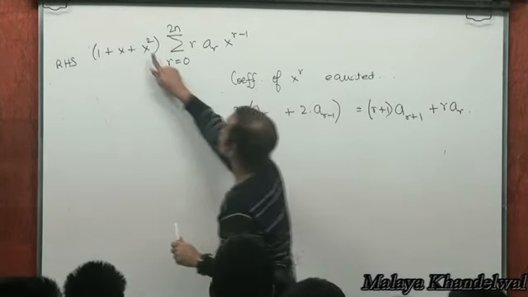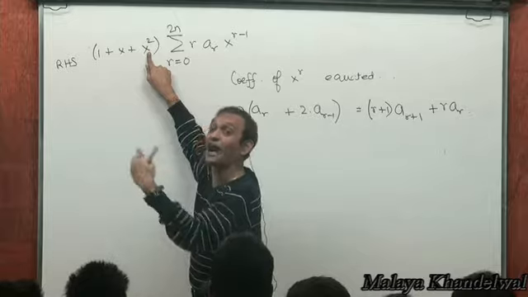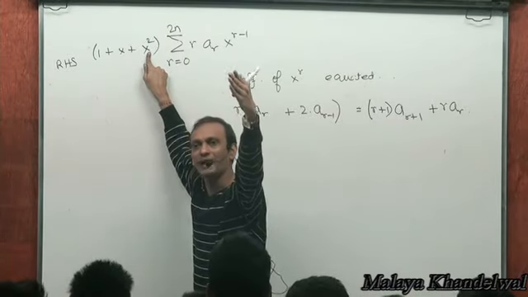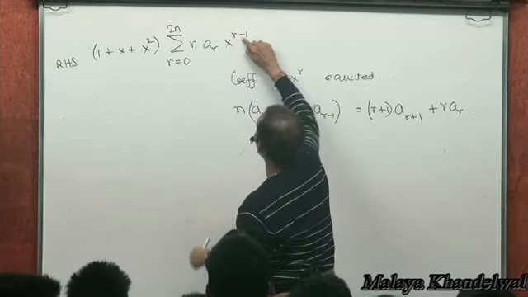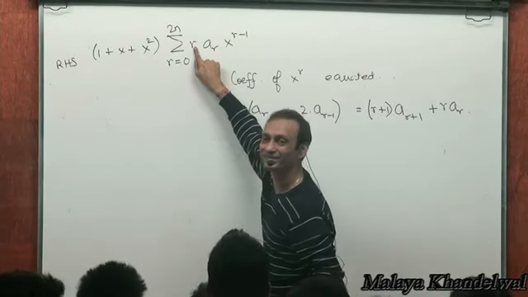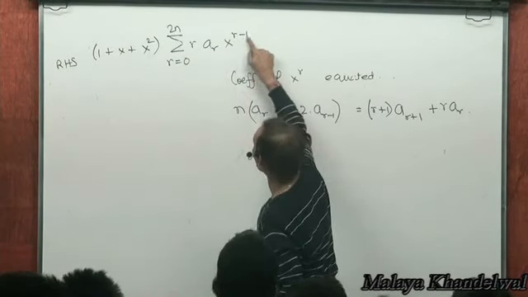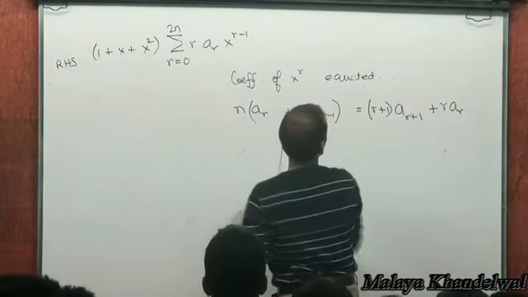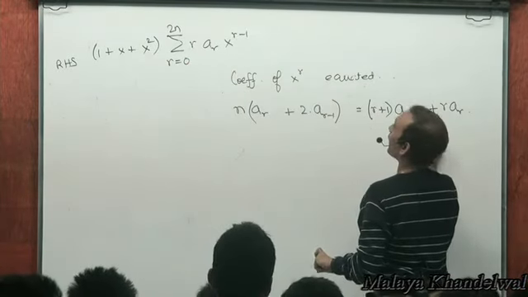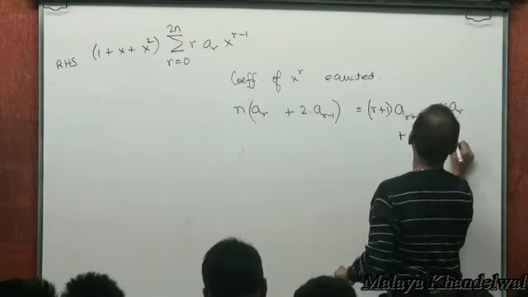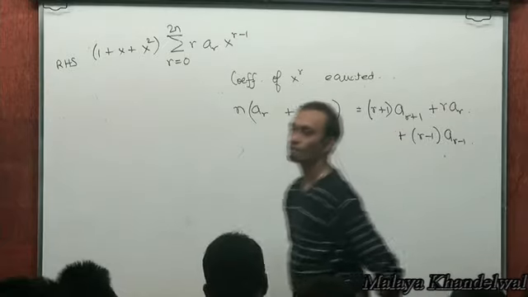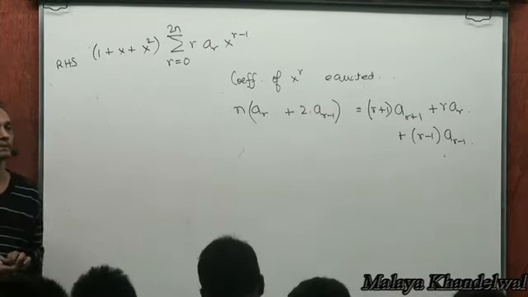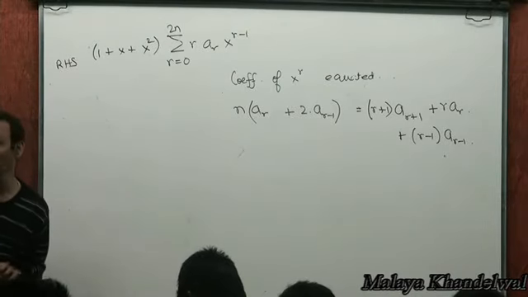X squared would have to be multiplied with x^(r-2). Now when this is r minus 2, this will be r minus 1, isn't it? So plus (r-1) A_{r-1}. Clear?